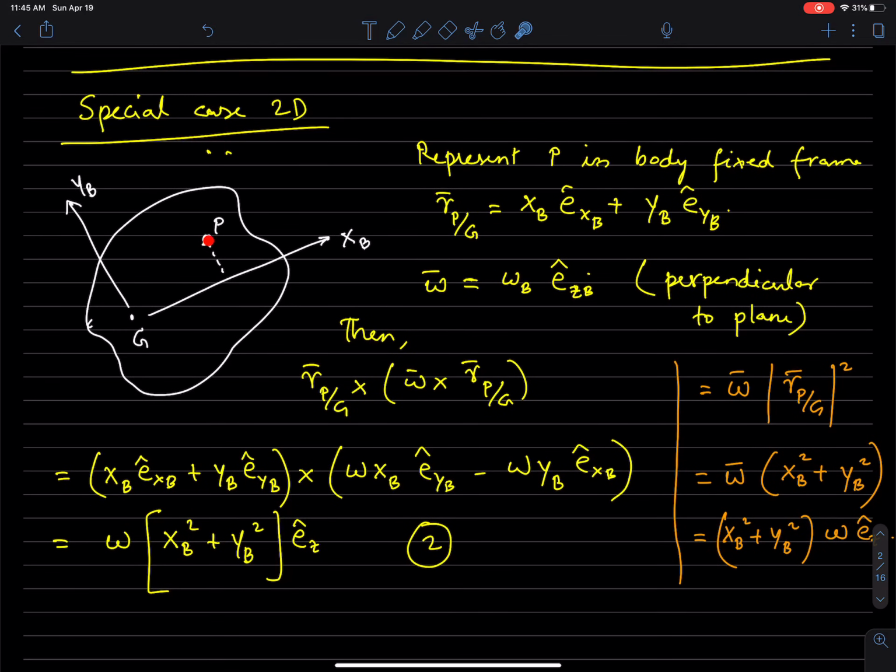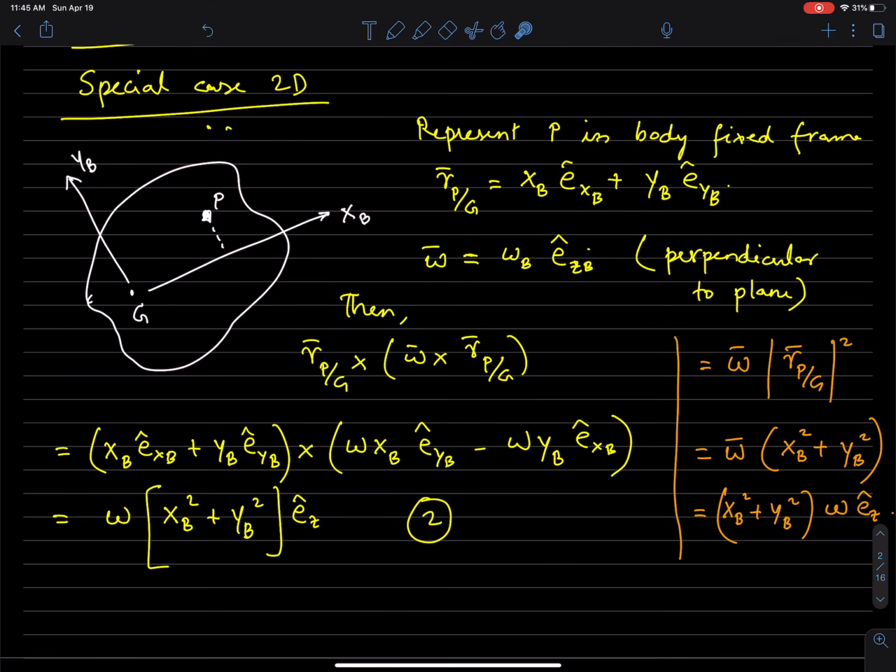Say the differential element point P is represented by xb and yb in the coordinate frame exb, eyb, where this frame rotates with the body. It's a body fixed frame. As the body rotates, this frame rotates exactly with the body, rigidly attached with origin at G. Not that that's super important here.